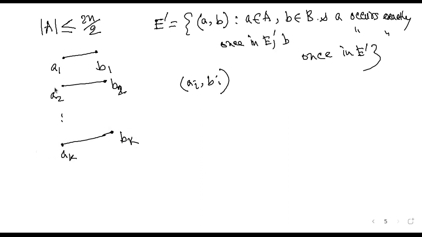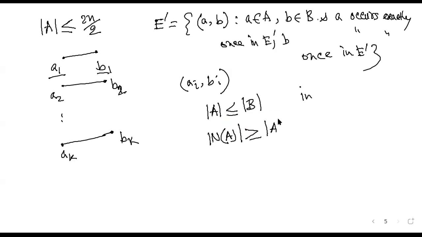So corresponding to each AI, we have a BI. So we can say that the cardinality of A is less than or equal to the cardinality of B. If there is a matching of A in B, then obviously by Hall's theorem, you have the neighborhood of A less than or equal to the cardinality of B. And where does the neighborhood of A reside? It resides in B, right?